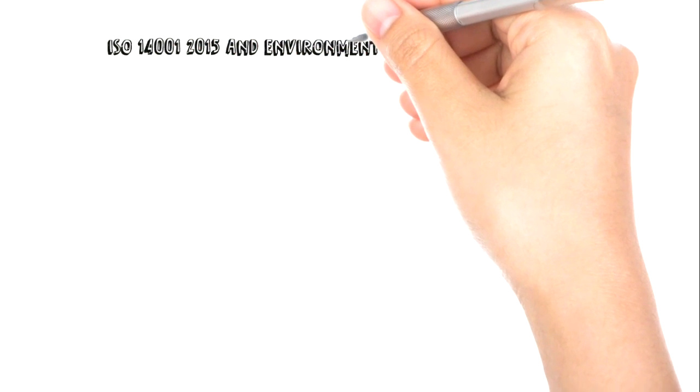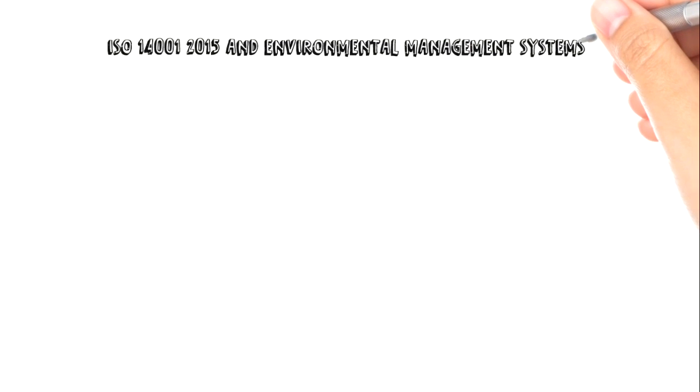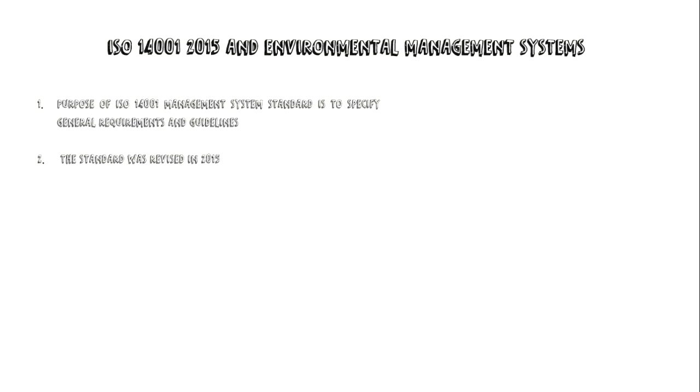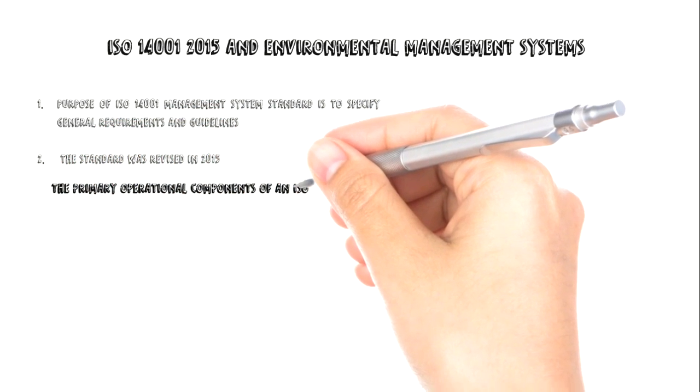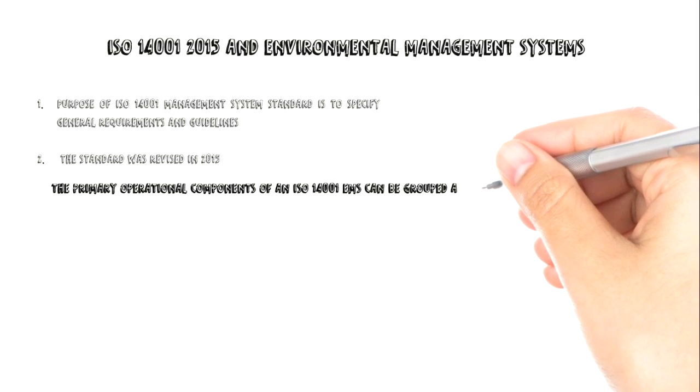ISO 14001:2015 and Environmental Management System. The purpose of ISO 14001 Management System Standard is to specify general requirements and guidelines. The standard was revised in 2015. The primary operational components of an ISO 14001 EMS can be grouped as follows.